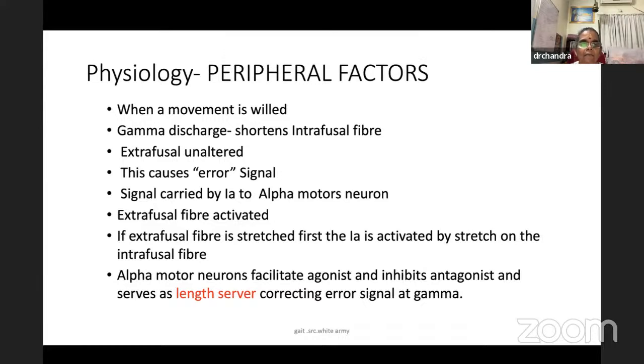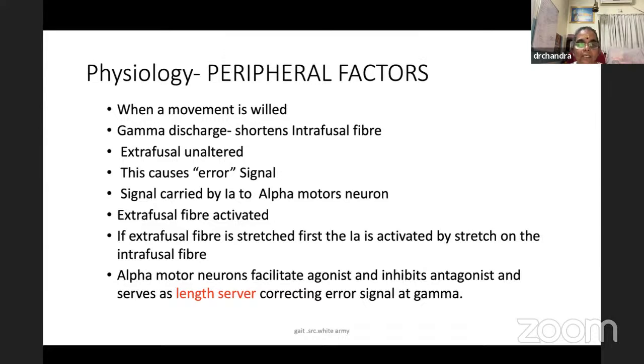This error signal is sensed and it is carried by 1A fibers to the alpha motor neuron in the spinal cord. This alpha motor neuron will activate the extrafusal fiber to contract proportionately to the intrafusal fiber. If the extrafusal fiber is stretched, it is the reverse. So when you will a movement, it is through the intrafusal fiber.